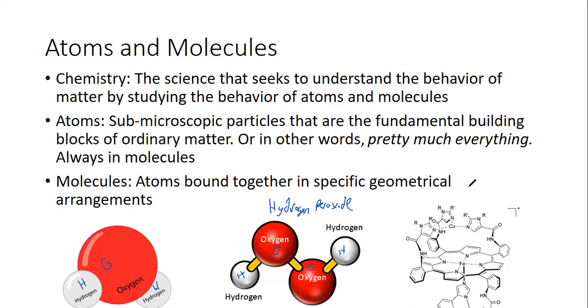And over here, this is a little more complex of a molecule. This is something that we would study in biochem if you go that far in chemistry. This is called heme. This is basically what is responsible for carrying oxygen in your blood and giving it to your cells. But everything that we can study is made up of molecules.